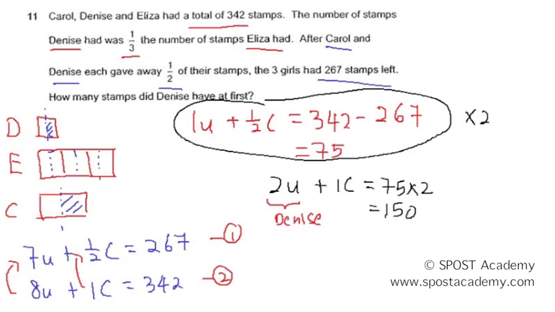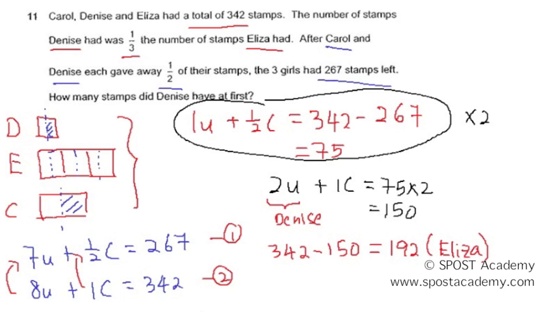So what I need to do next is, originally they have a total of 342 stamps. So if I use 342 minus 150, which equals 192, this is actually Eliza's stamps. If you look at the model again, that's because this is equal to a total of 342.